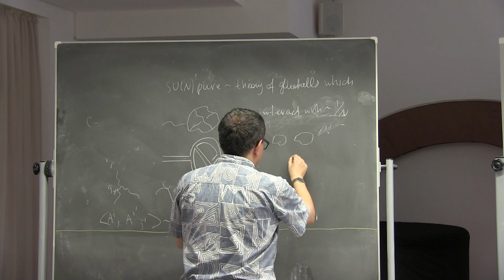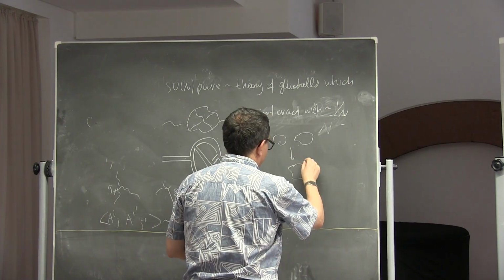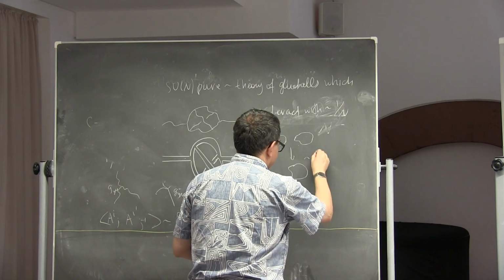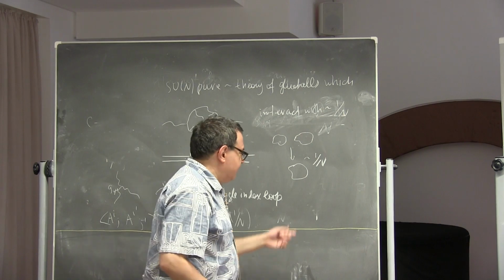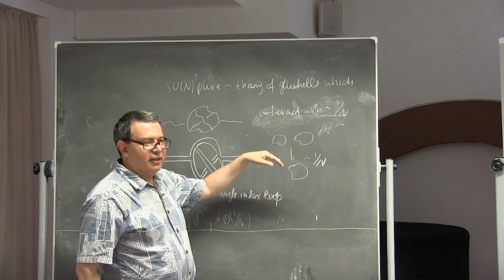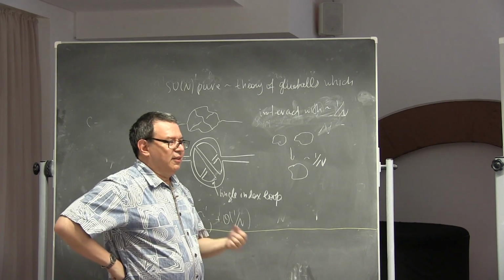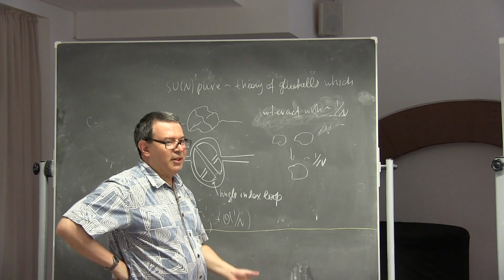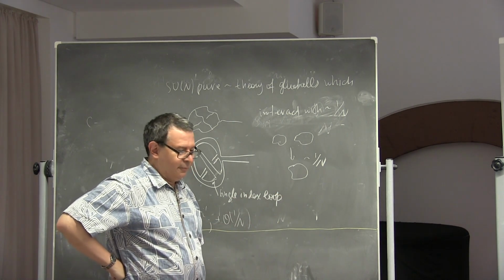They can touch and form a string with amplitude 1 over N. By taking the large N limit, these glueballs are essentially almost stable. They barely decay, and you can consider this whole perturbation theory in 1 over N for the interactions.